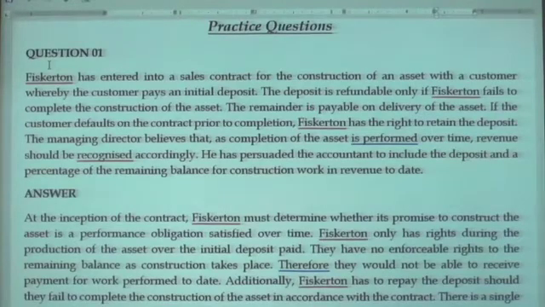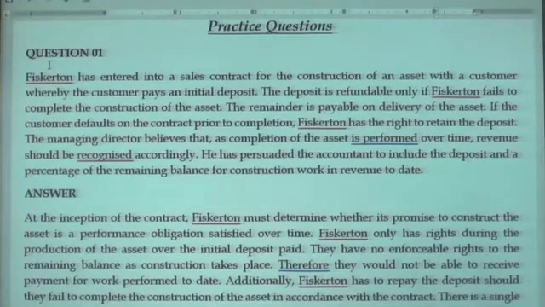Fixkerton has entered into a sale contract to construct an asset with a customer, whereby the customer pays an initial deposit. Is that clear? The deposit is refundable only if Fixkerton fails to complete the construction of the asset.